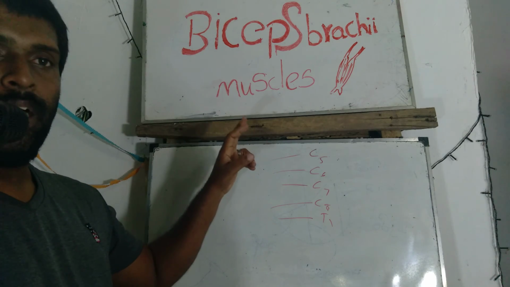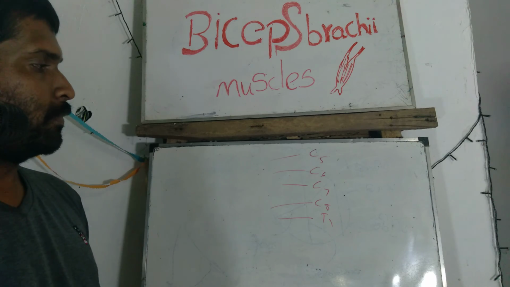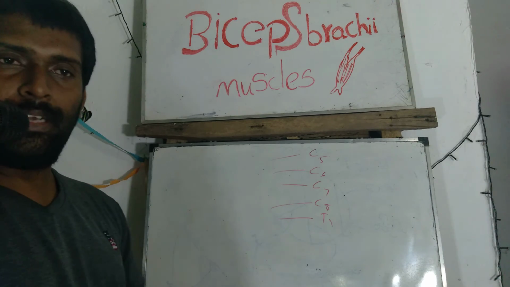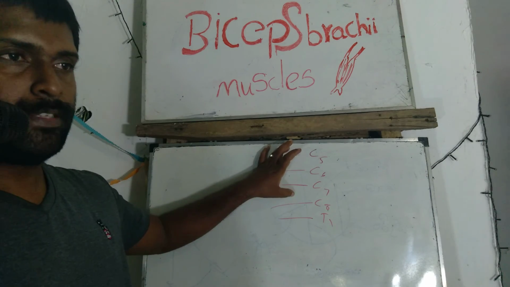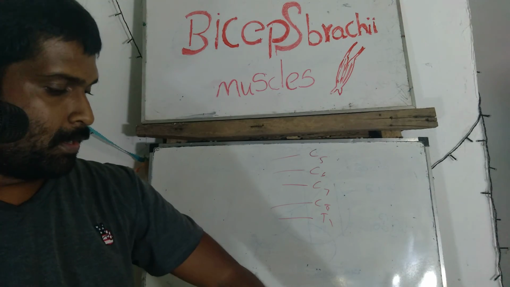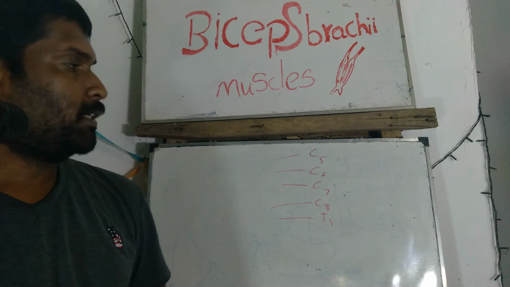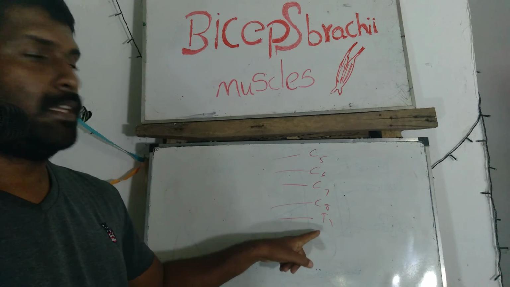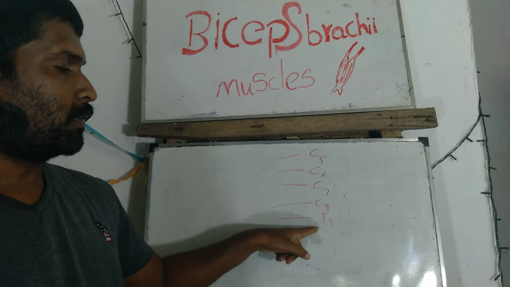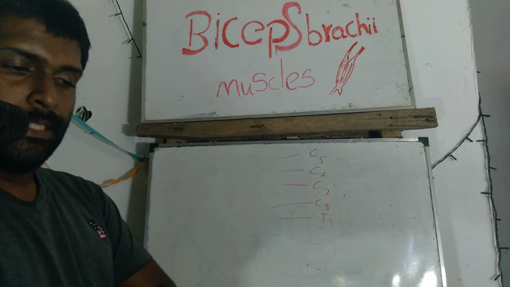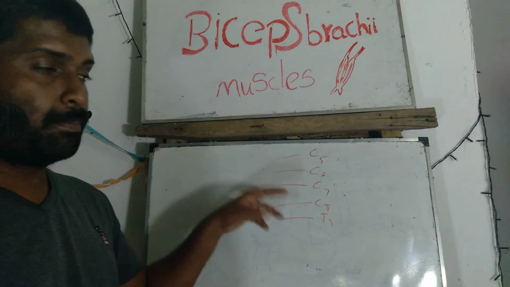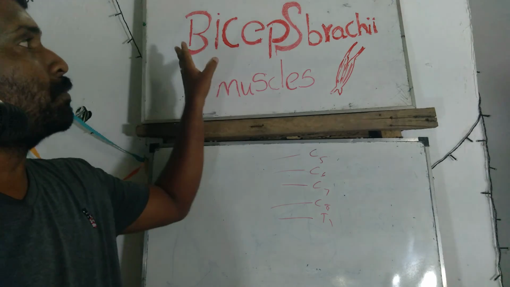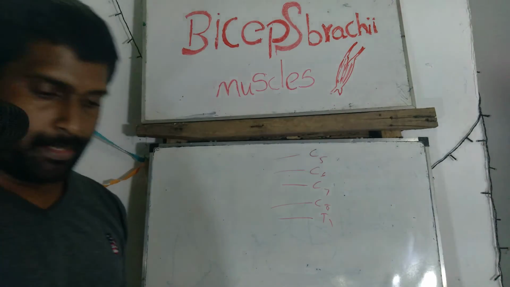This is Erb's palsy. And C8, T1 damage is Klumpke's palsy. Erb's palsy is the hand going downward and backward. Klumpke's palsy also damages the distal part of the hand. This is the nerve supply damage in this biceps brachii area.